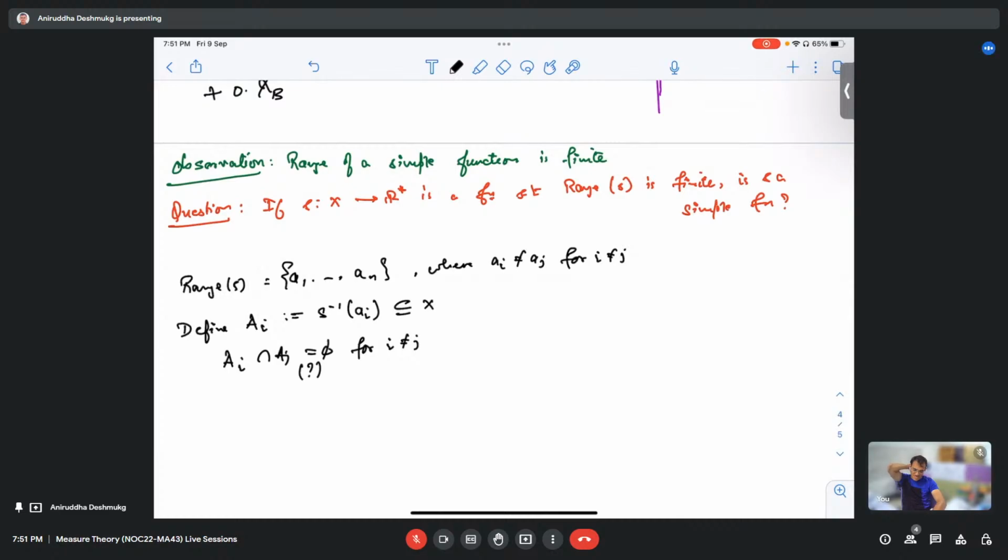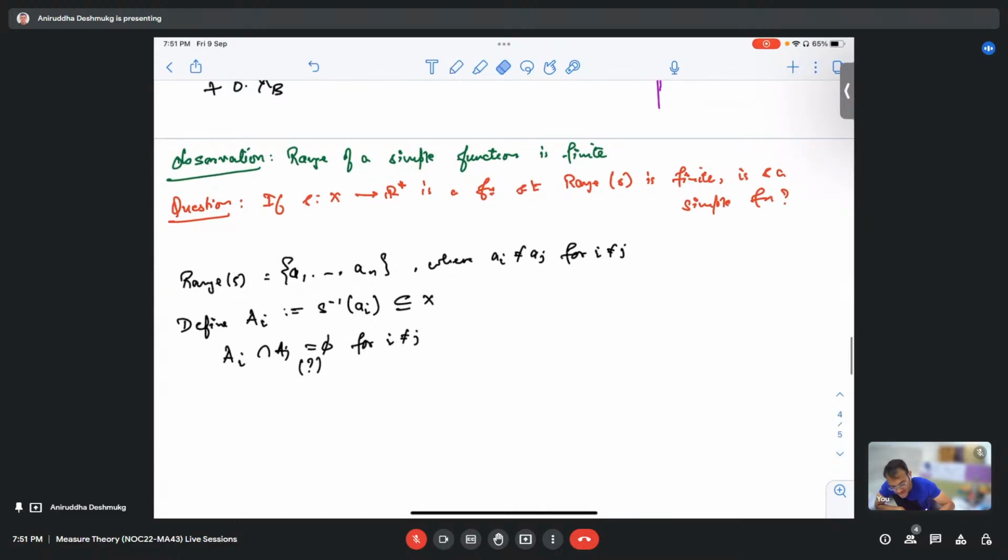Yes, sir. It is empty, right? Because ai and aj are different, so no point can have two distinct images under S. So Ai intersection Aj is empty whenever i not equal to j, and the union of the Ai's is all of X, right? Yes, sir.